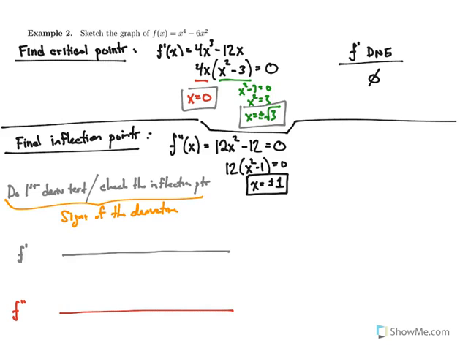I'm going to start with 0, square root of 3, and negative square root of 3. And then for the second derivative, we have 1 and negative 1.